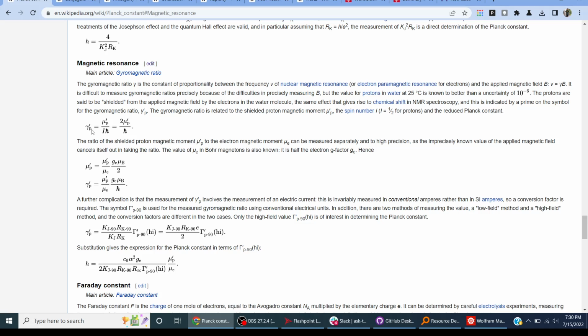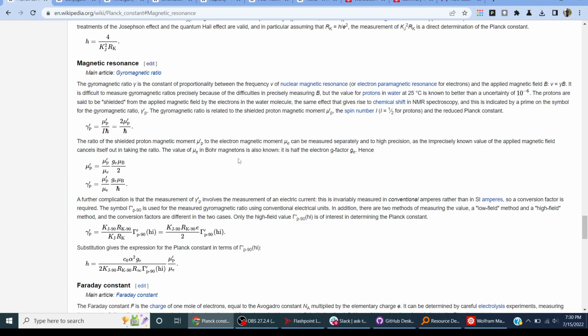Gamma prime sub p equals mu prime sub p divided by I h bar equals 2 mu prime sub p divided by h bar. The ratio of the shielded proton magnetic moment mu prime sub p to the electron magnetic moment mu sub e can be measured separately to high precision, as the imprecisely known value of the applied magnetic field cancels itself out in taking the ratio. The value of mu sub e in Bohr magnetons is also known.